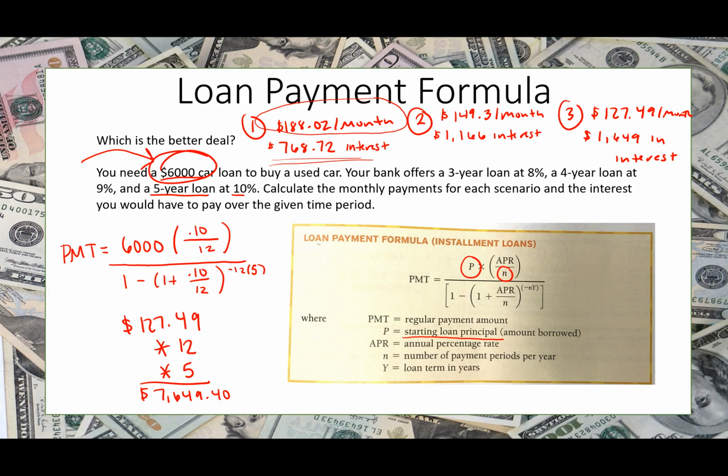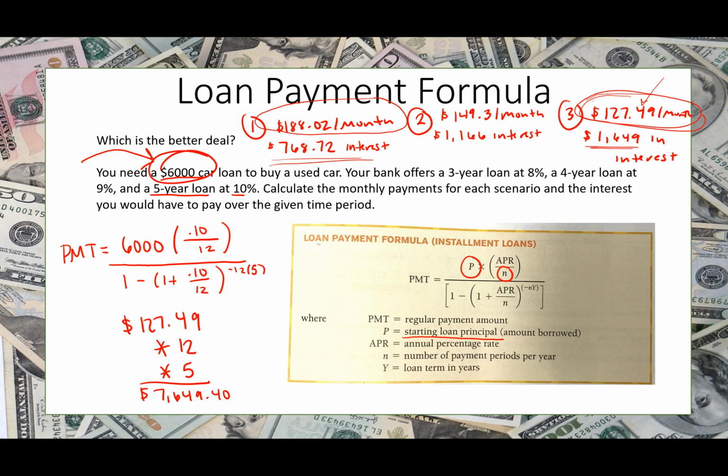But if you decide to go for the longer plan, like say for a 5-year period, you are paying less. You're paying 50 some odd dollars less, but you're going to pay significantly more in interest over the long run.